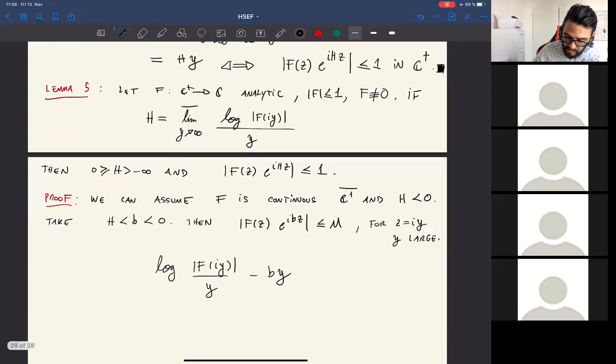Okay, so if I take the lim sup, and I divided by y, this will converge to h. And so we have h minus b. And we know that this is strictly less than 0 if y is large. So therefore it's going to be, let's say, even less than 1 if you want, but just bounded, it's okay.